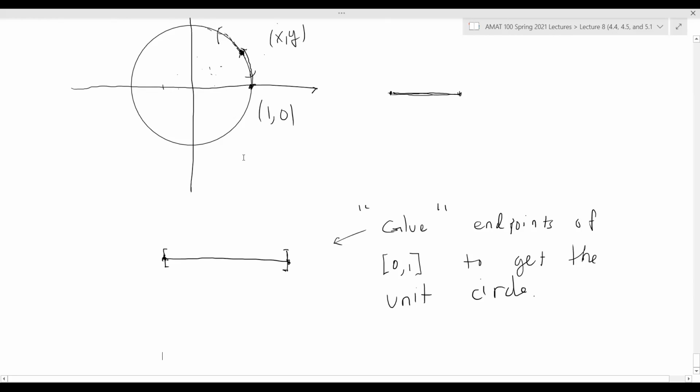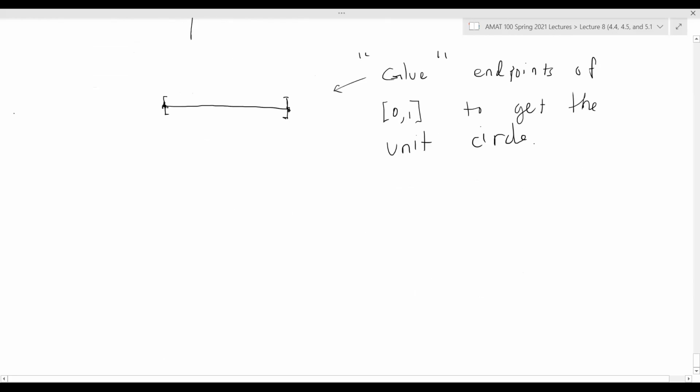Again, a lot of this you don't need to know, but just for those who are interested, maybe they want to go further in mathematics, the circle is basically a one-dimensional topological manifold.